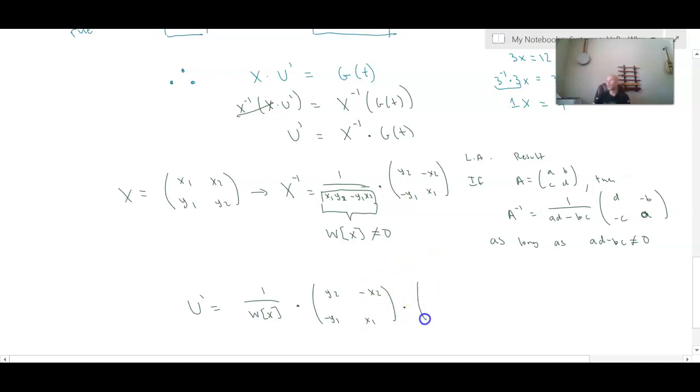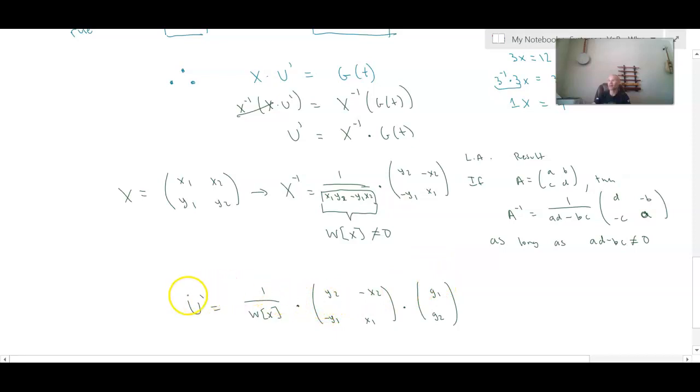Whatever g of t contains, it's two functions. One of them goes with dx dt, and one of them goes with dy dt. Now I'm omitting all the parentheses of t notation here because it's going to get ridiculously detailed. So we know that all of these things are functions of t, but we're just going to leave that off.